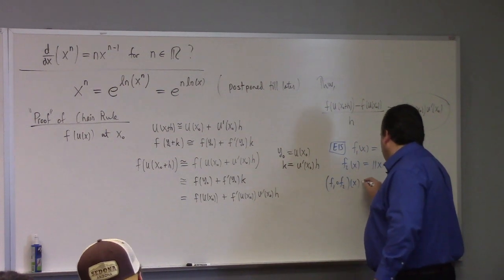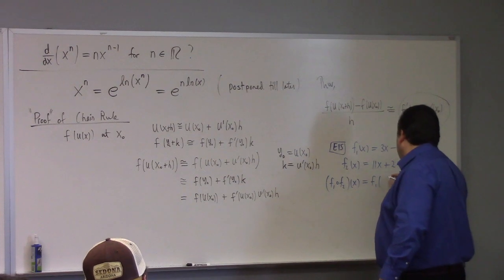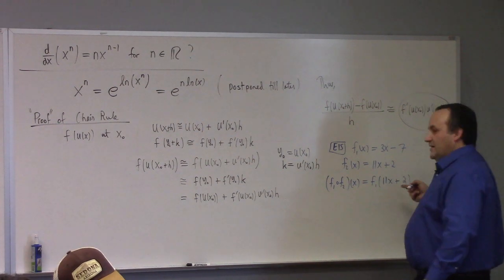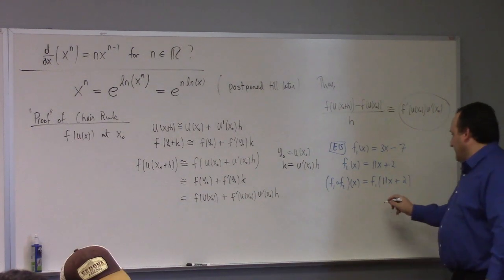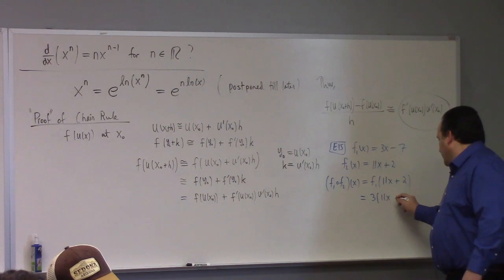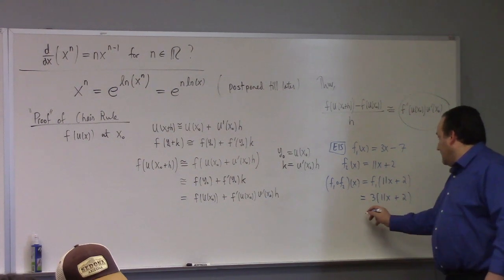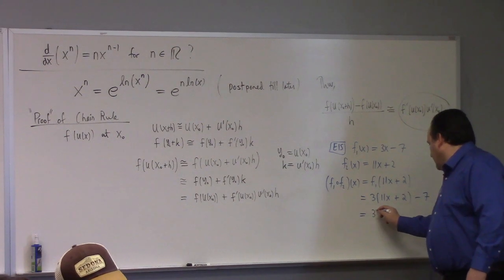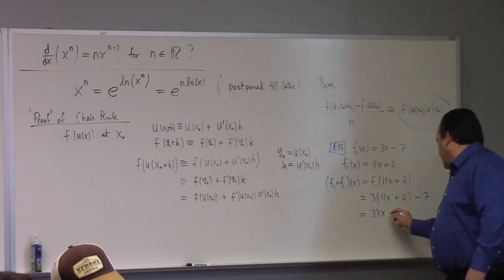We do f1 of f2, so f1 of 11x plus 2. And then we plug 11x plus 2 into the formula for f1. So we get 3 times 11x plus 2, minus 7, which gives me 33x minus 1.